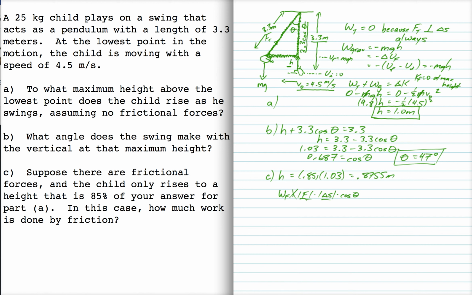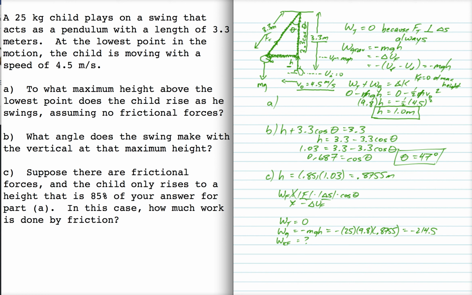The work done by gravity is minus mgh, but we have to use our new height. So minus the mass, which is 25 kilograms, times g times the height, so that's minus 214.5. Okay, and then the work done by kinetic friction is going to be our unknown.